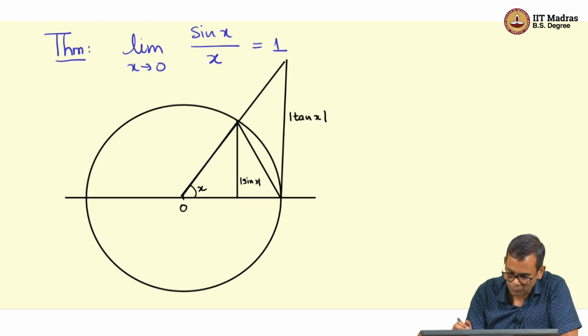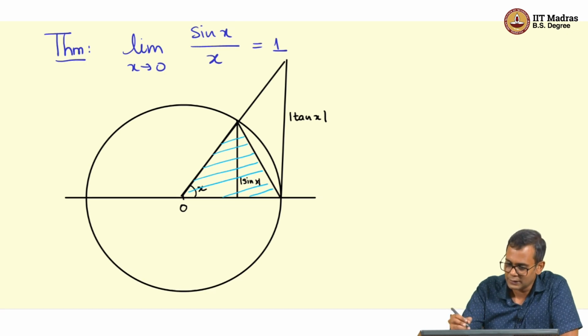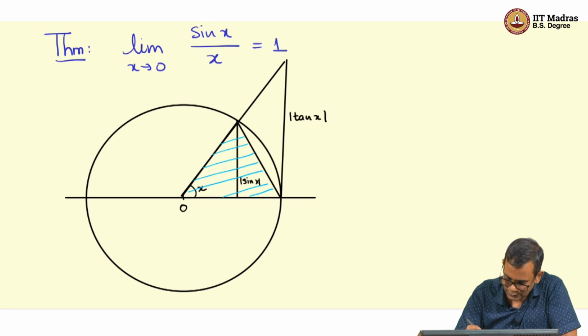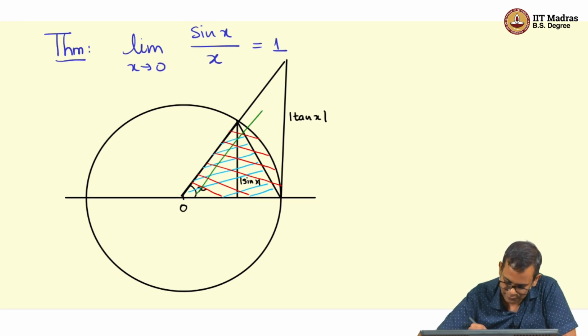So, now I have 3 regions. Firstly, I have the smaller triangle that we had considered earlier, which I am shading in blue. We have the circular sector, which I will shade in red. And finally, we have this larger triangle, which I will shade in green.